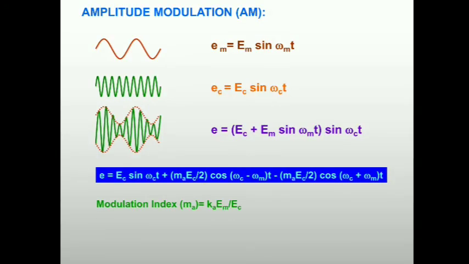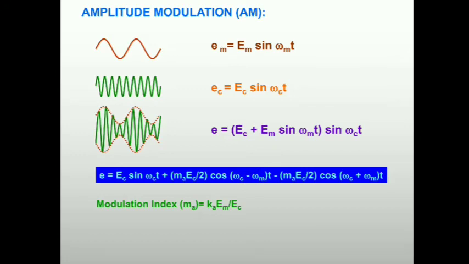Modulation index. This is an extra thing, you need not worry about this modulation index, right? The modulation index is represented by m_a, which is equal to K_a E_m, where K is a constant, the ratio of the amplitude of the modulating signal to the carrier wave amplitude.